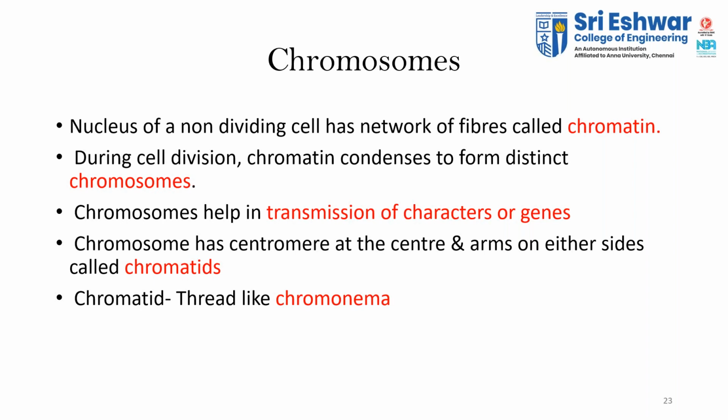The chromatin thread is like chromonema. When you look at the diagram, you could easily understand what exactly the chromosomes are. So inside the chromosomes, you will have chromatin and chromonema and chromatids. The chromatids are like the arms of your chromosomes, the non-dividing cell has chromatin, and the thread-like structure is called chromonema.